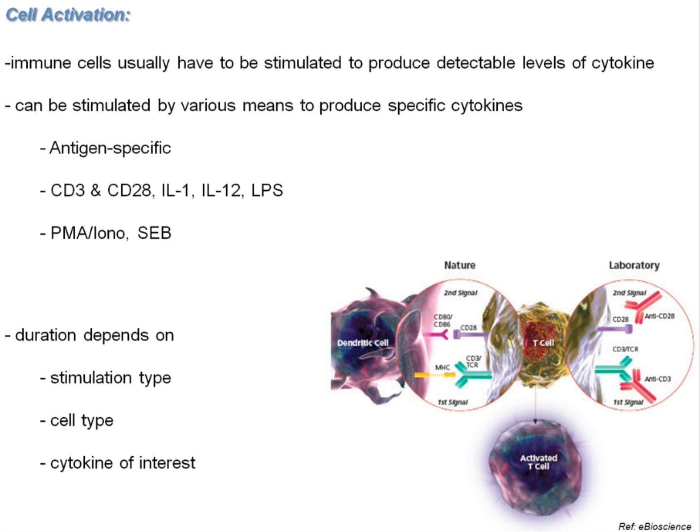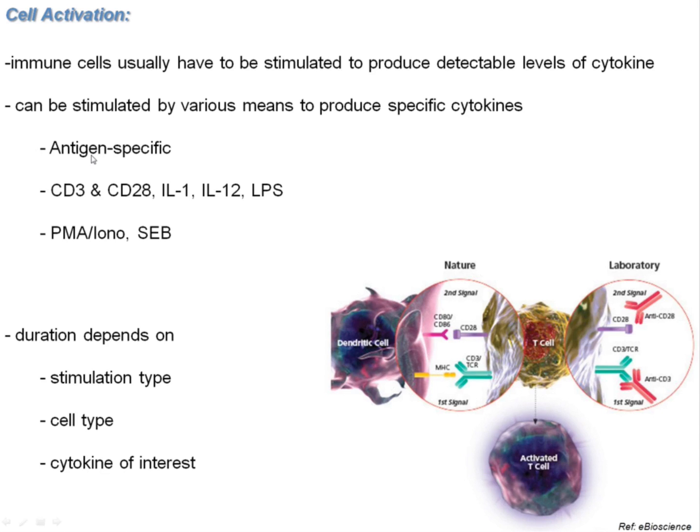Ex vivo, in nature we have our first signal and our second signal, and we can mimic that in the lab, maybe using something like anti-CD3 and anti-CD28. We can use an antigen to detect an antigen-specific response, but that's usually at the lower end of detection.